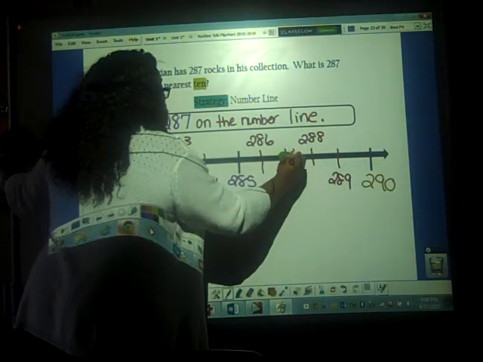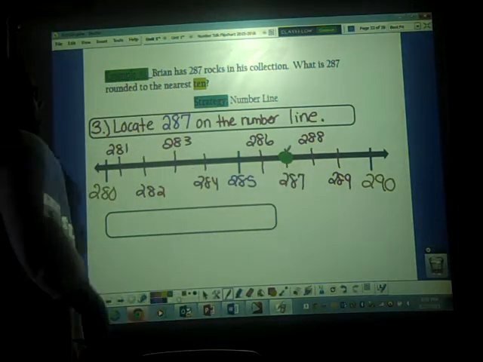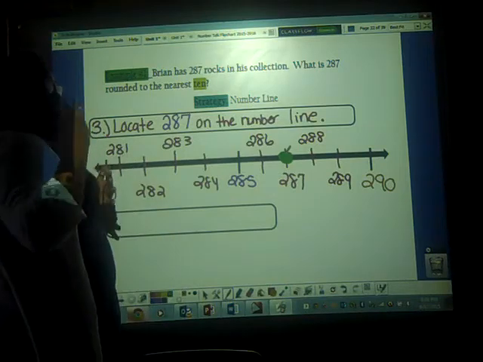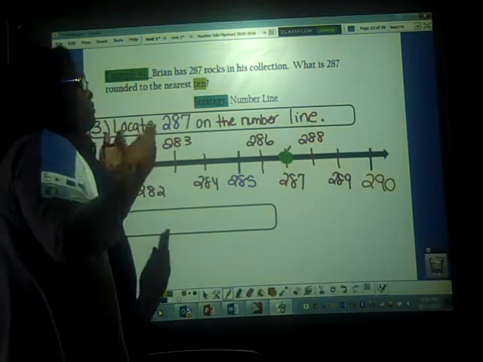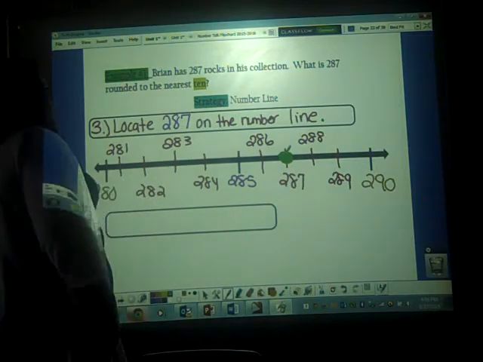So we're going to place a big dot right there. Now, remember the riddle we have. 5 or more, raise a score. 4 or less, let it rest.